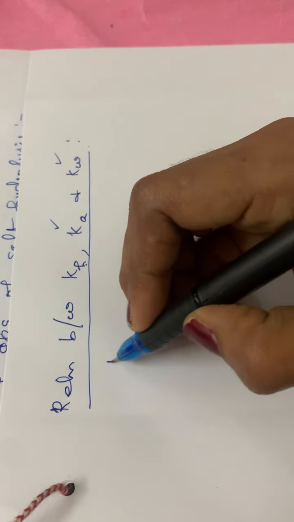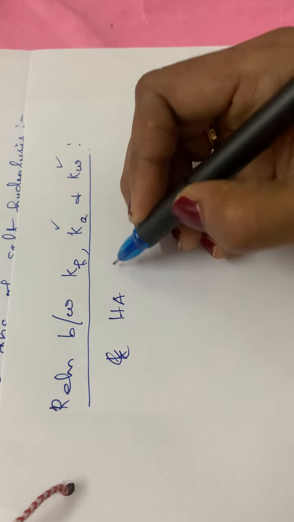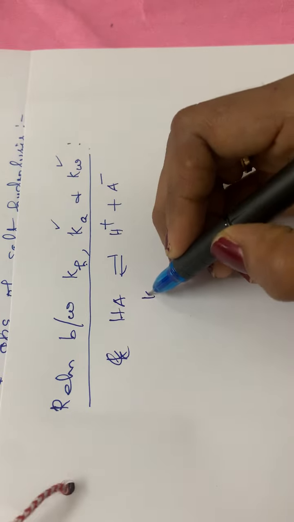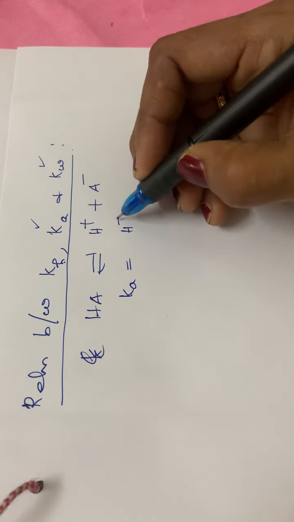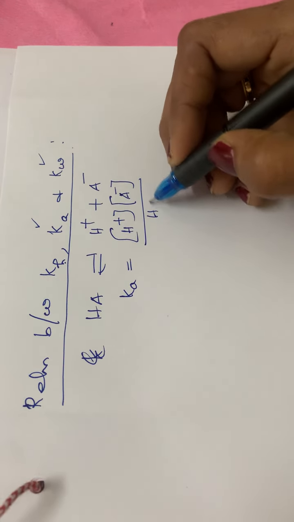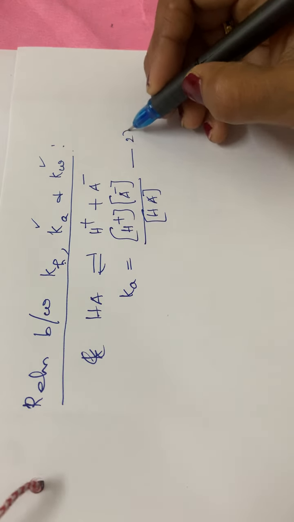First of all, Ka. For Ka we write HA, which ionizes as H plus and A minus. So Ka, the dissociation constant, is equal to the concentration of H plus into the concentration of A minus divided by the concentration of HA. Put it as equation number 2.